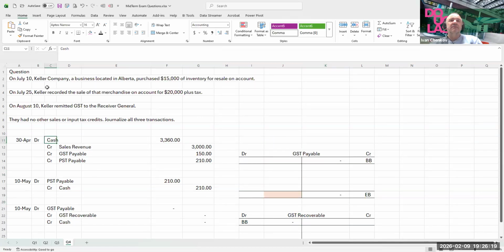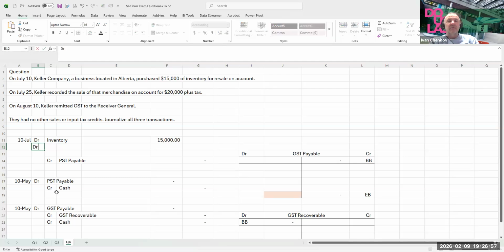First one, let's buy the inventory on account. That will be July 10, and we're going to have inventory. And we buy 15,000 inventory. So far, so good. Unfortunately, the supplier from which we're buying the 15,000 charges GST.